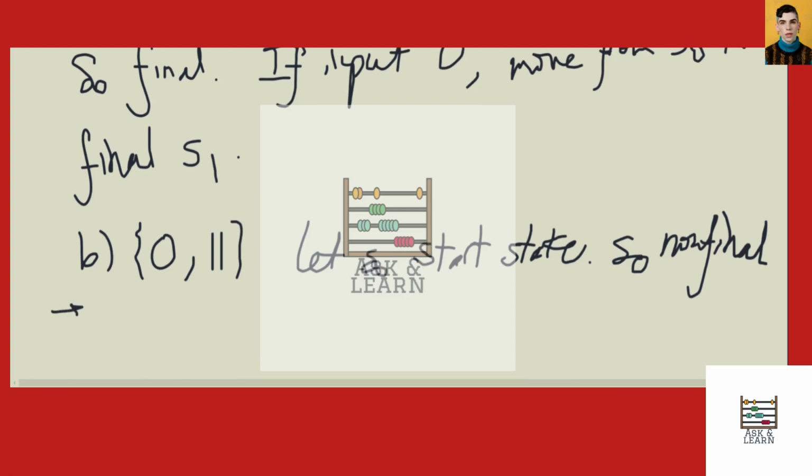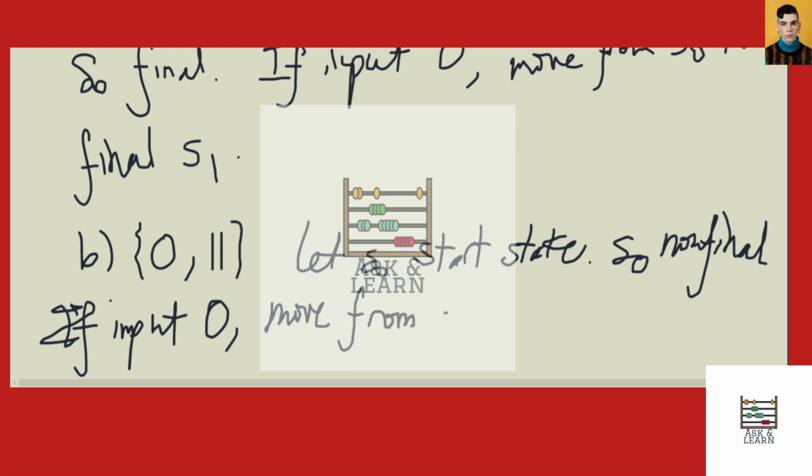Now, if the first input is a 0, then we'll want to move from S0 to a final state S1, because 0 should be accepted by the machine.